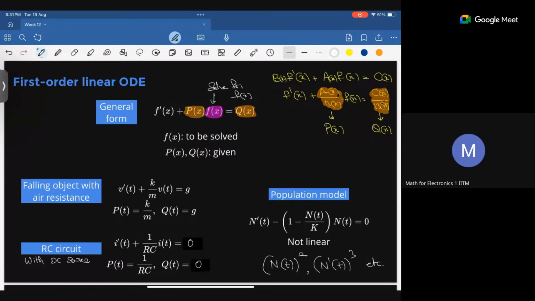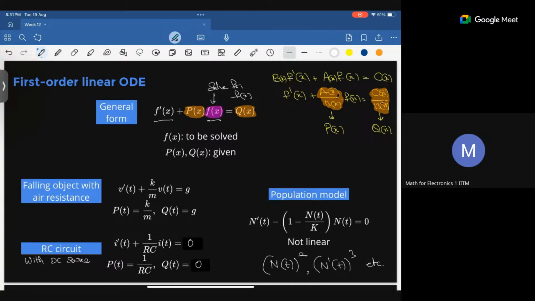Here also you can see in the general form f prime of x has power 1, f of x also has power 1, and if you have f double prime or f triple prime in the differential equation, their power should also be 1 in order to be called a linear ODE. But if you see something like n of t whole square or n prime of t whole square, where the function or the function's derivatives are getting powered, such a differential equation is not linear, it is non-linear.